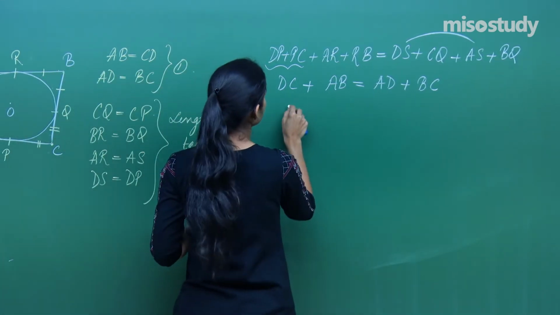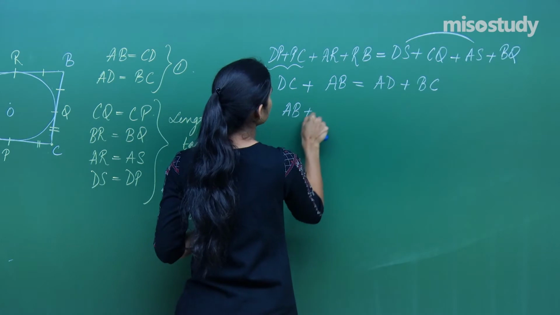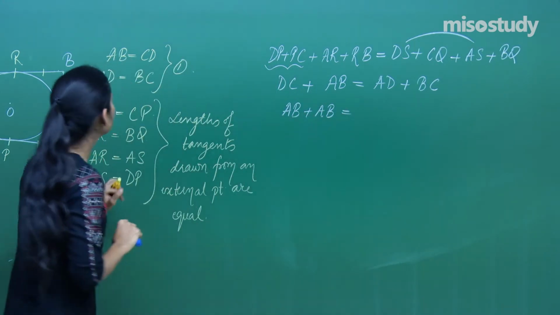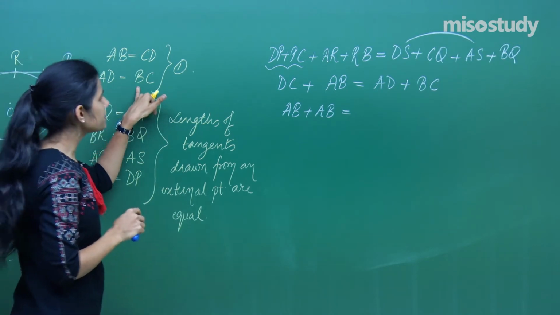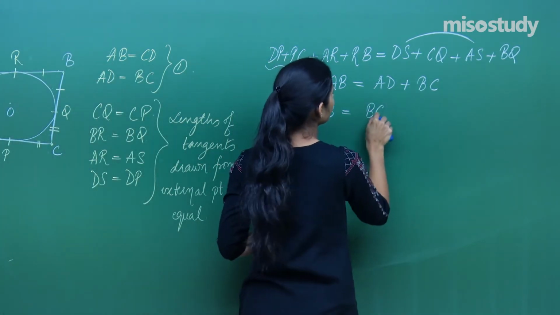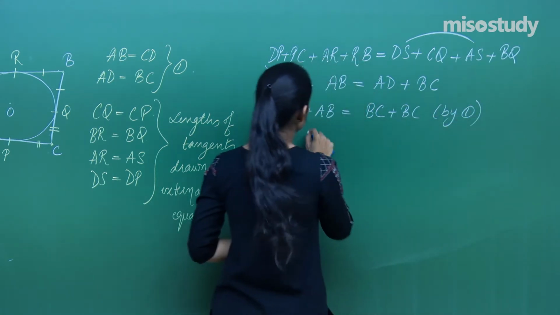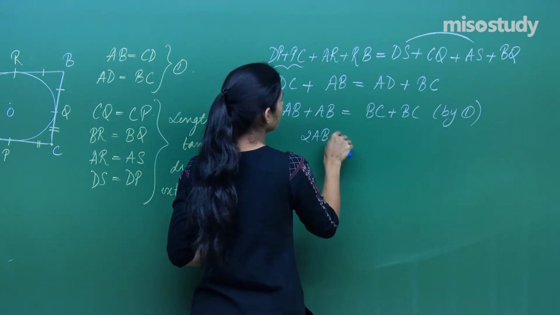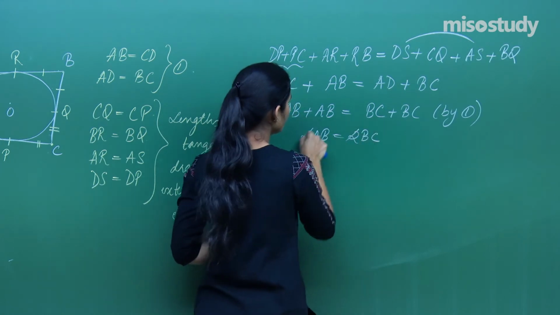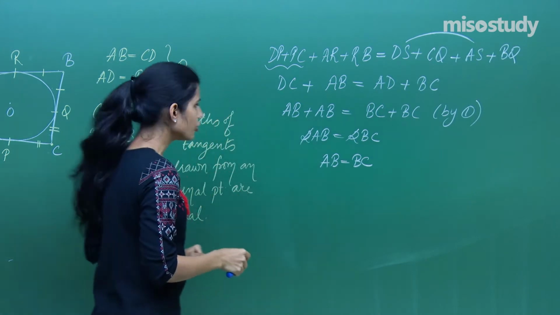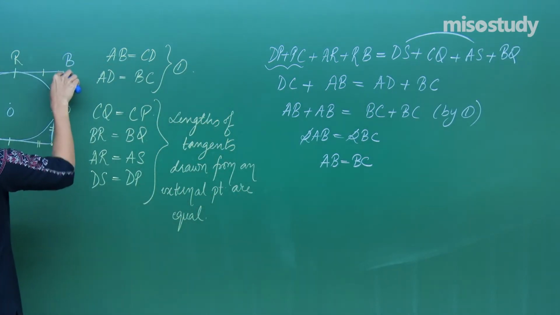So in place of CD I can write AB again, and over here AD is the same as BC, so in place of AD I can again write BC. So you have twice AB is twice BC. The 2 cancels out, AB is the same as BC.